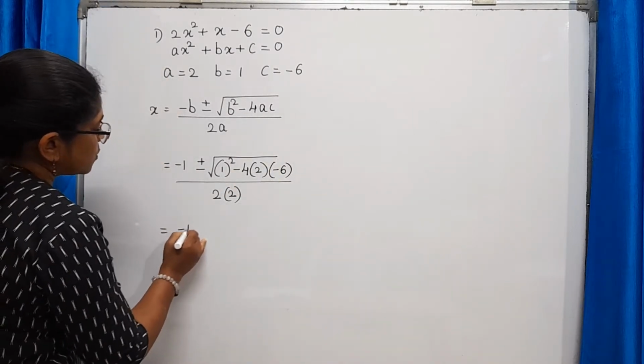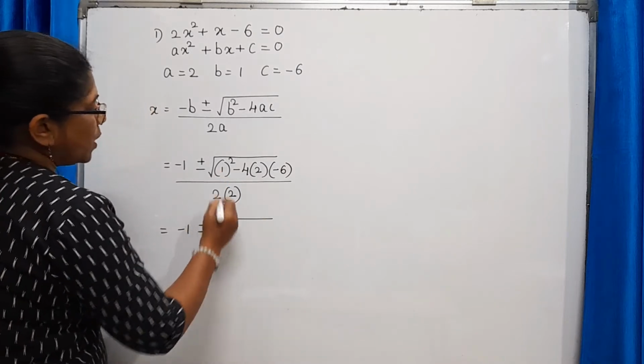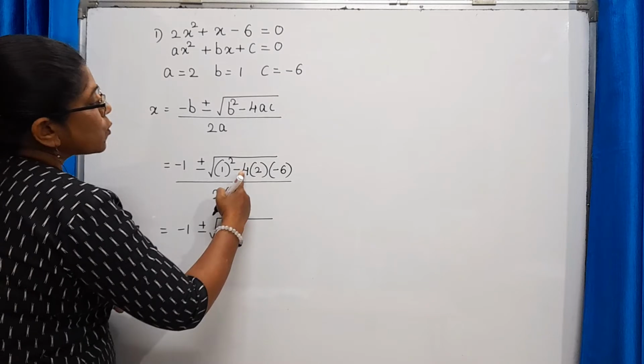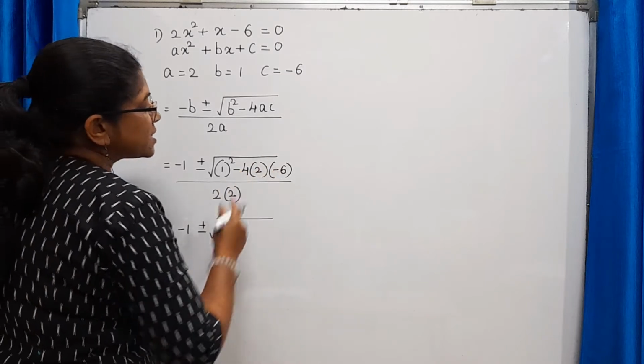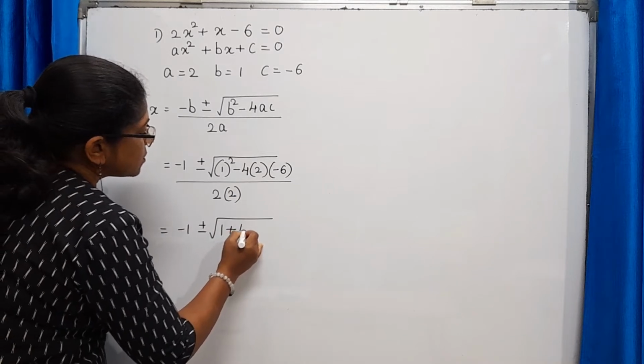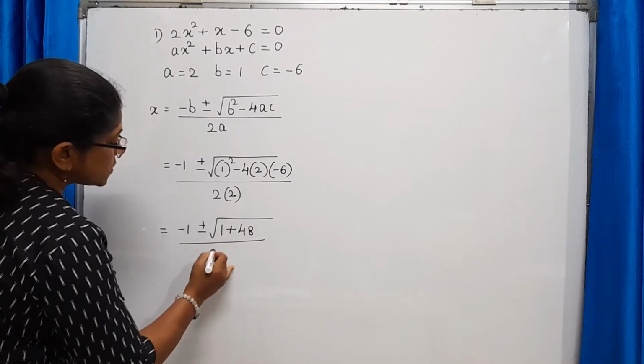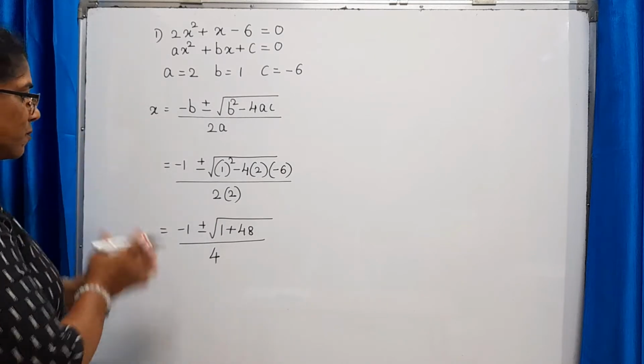x is equal to minus 1 plus or minus, 1 square is 1, 4 2s are 8, 8 6s are 48, minus into minus is plus. So here we get plus 48 upon 2 2s are 4. Fine.